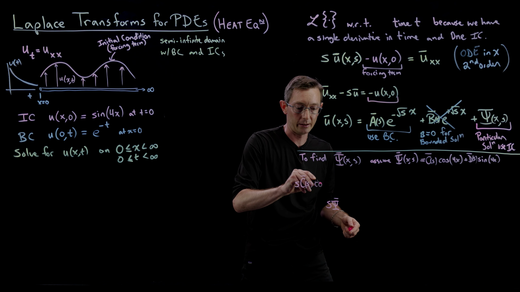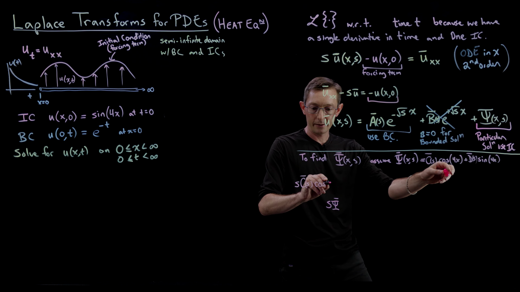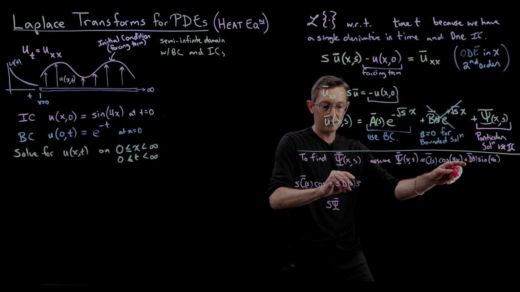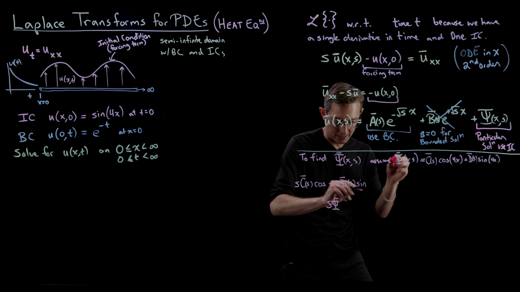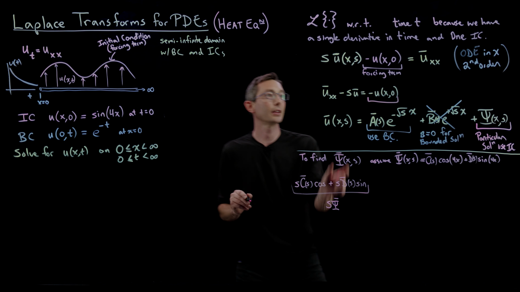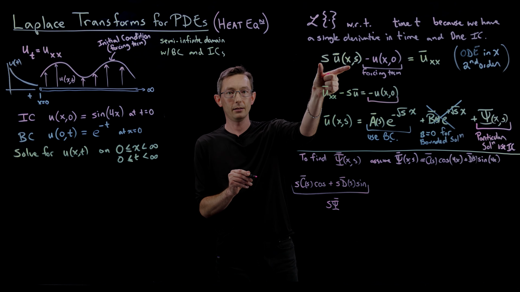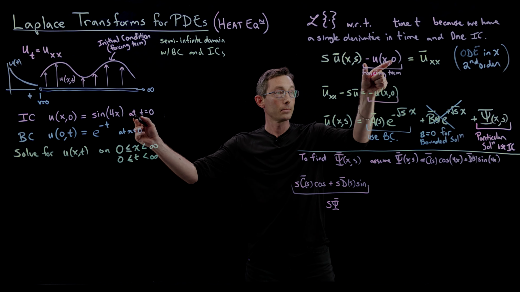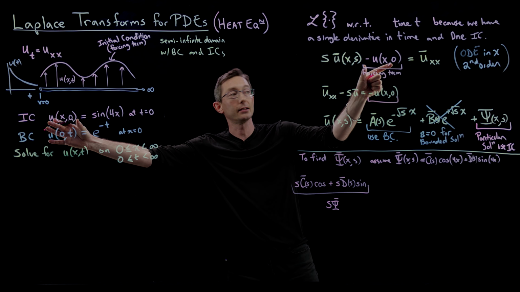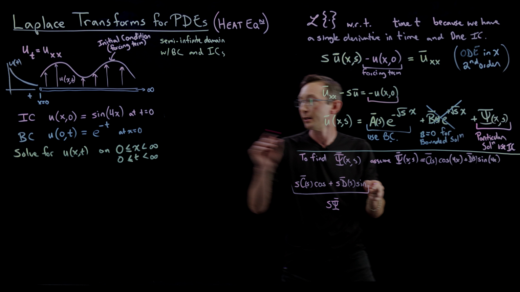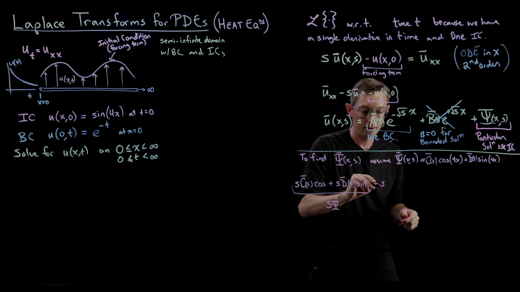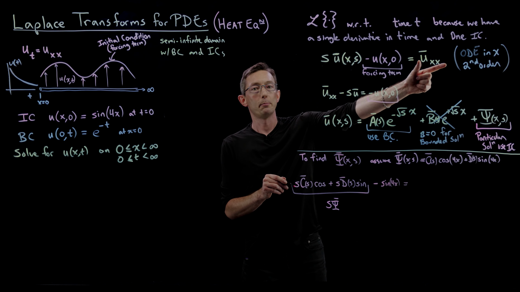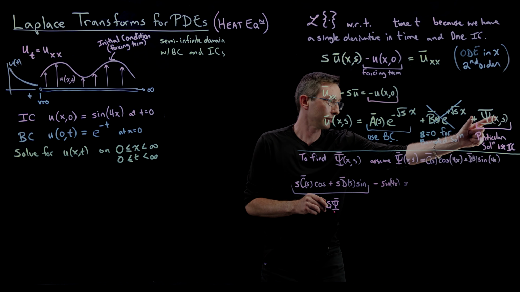I'm just going to write cosine plus s times d of s sine. Okay, that is s psi minus u of x comma 0 minus sine 4x equals psi xx. I'm literally plugging psi in.